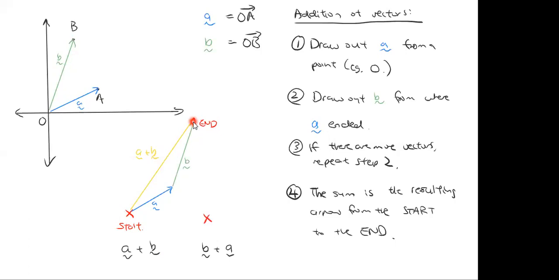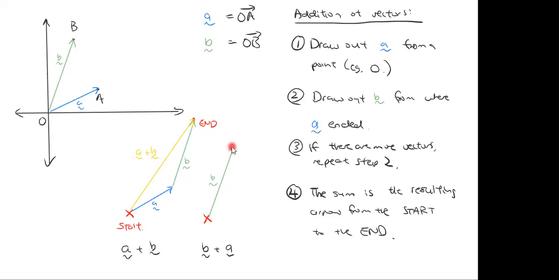So if I start here and I draw B, something like that. And so remember, I've started here and I've ended here at this point in time, and this is the end of step 1.